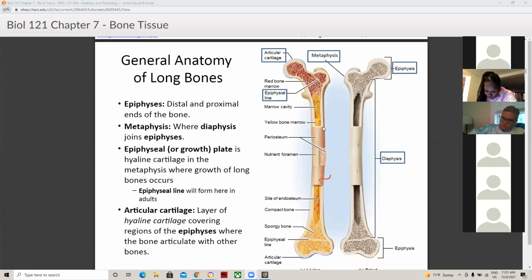The metaphysis is where the diaphysis, this long shaft, meets with the epiphysis. You gotta love all these physis words. So the metaphysis is where the diaphysis meets up with the epiphysis.